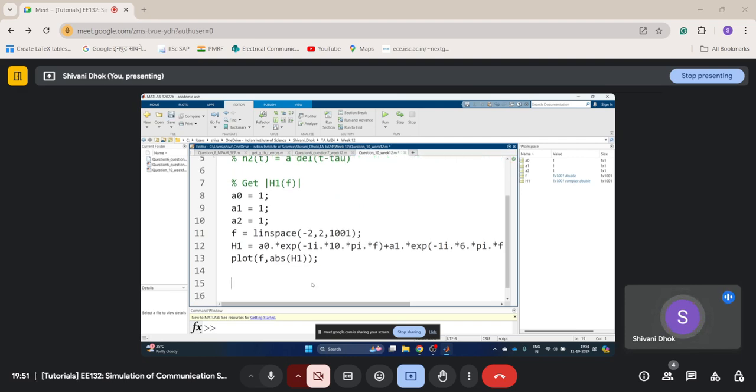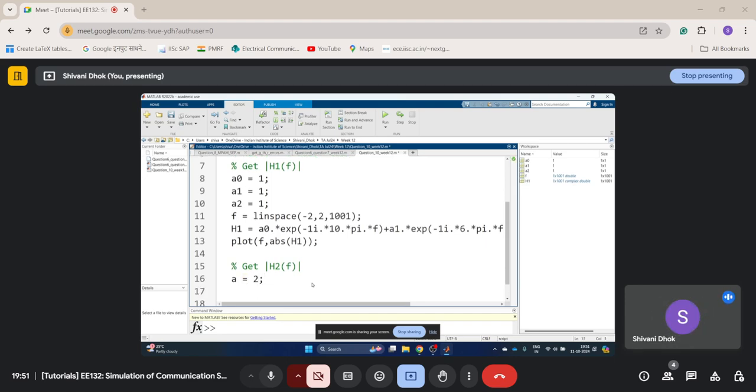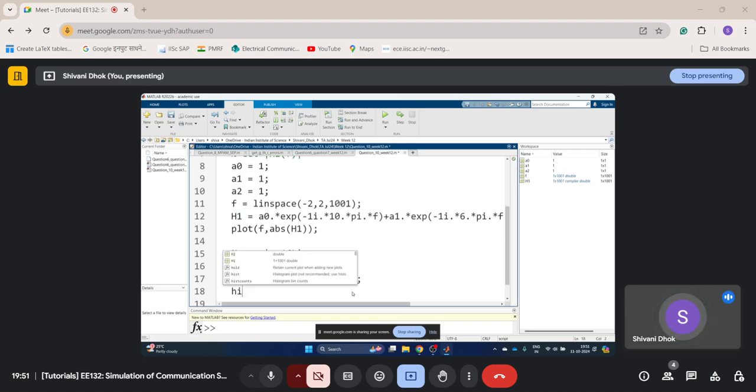So now let us get your h2 or absolute value of your h2 of f. So for that, let's say my a is 2. And therefore your h2 will be ones of length of f, and this will get multiplied by a. So now let us plot h2. So for that I'll use hold on.